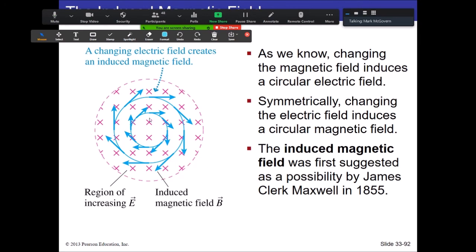And so what's wild about this is the following. The changes in one field produce changes in another field, and these things influence each other. And this led James Clerk Maxwell, after whom Maxwell's equations are named, to come up with a lot of ideas behind how these are working.